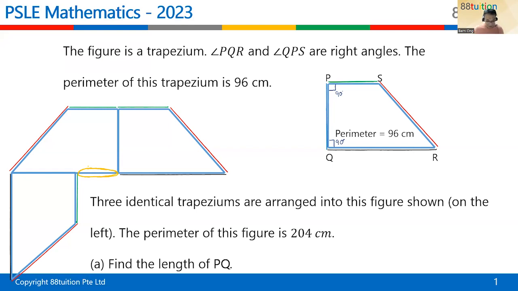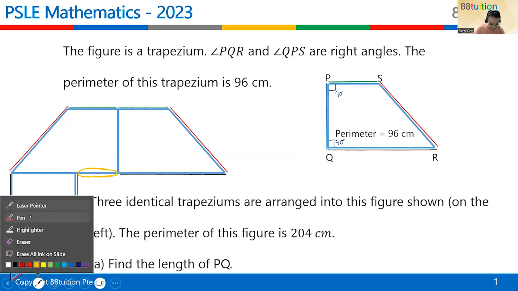All right, so this will make up the entire outline. Where is the outline? Here, follow me. Green, green, red, black, yellow, green, red, black, red. That will be the outline, and it is 204 centimeters. Do you understand?